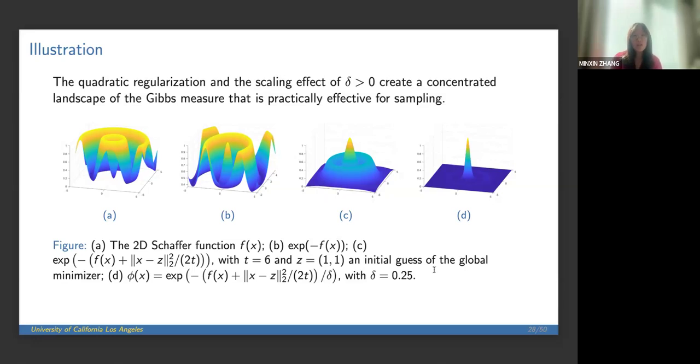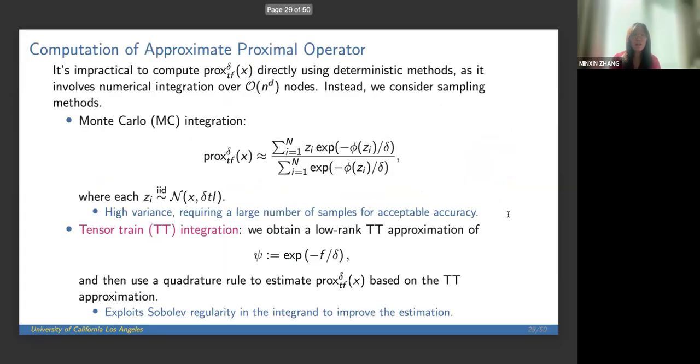So that's the motivation. And now the question is, how do we actually sample from this simple landscape? There are two approaches that we considered. One is called Monte Carlo integration, which is a classical method.